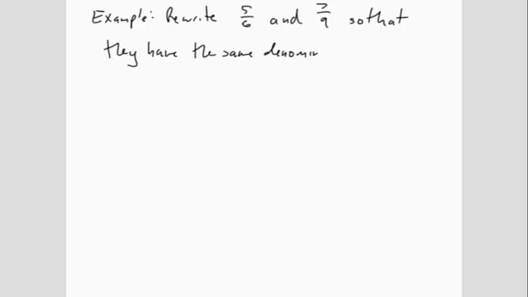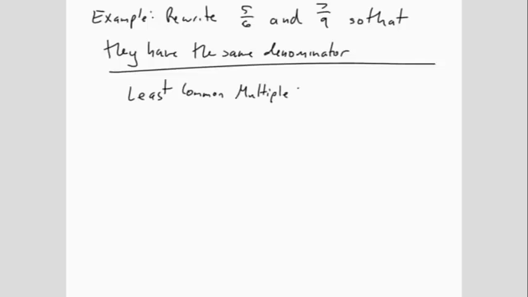Example, write 5/6 and 7/9 so that they have the same denominator. You could multiply 6 and 9 together to get 54, and that will work, but it won't be the best choice because the numbers will be bigger than necessary. By thinking through the multiples, you should be able to see that 18 is the least common multiple. And from here, we convert to two fractions.